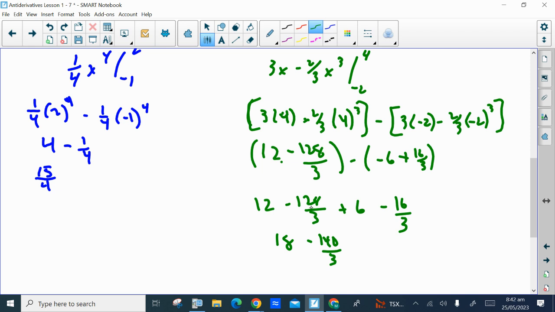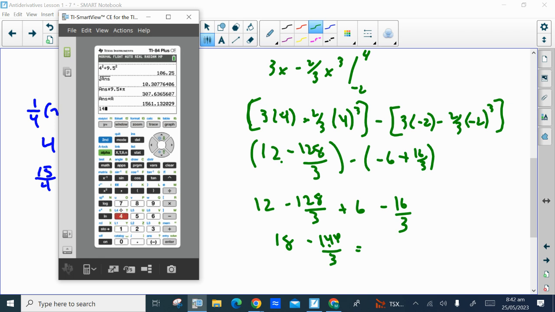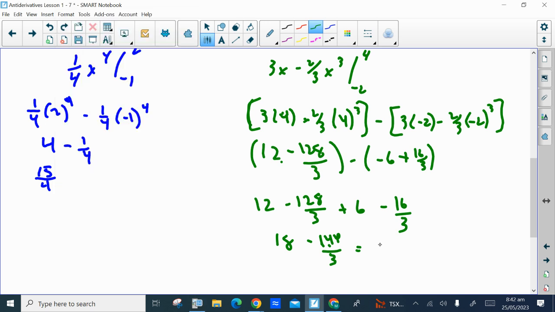So 18, and then, oh, 128, right. So that will change this. So that'll be minus 144 over 3, which you can divide. 144 is divisible by 3. So it's 18 minus 48. So the answer is negative 30.